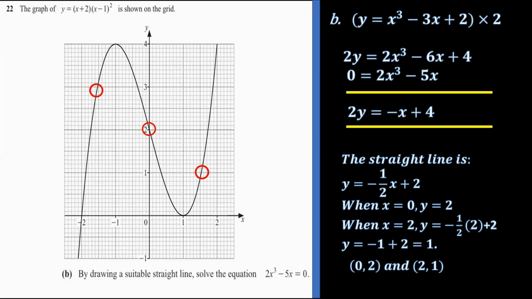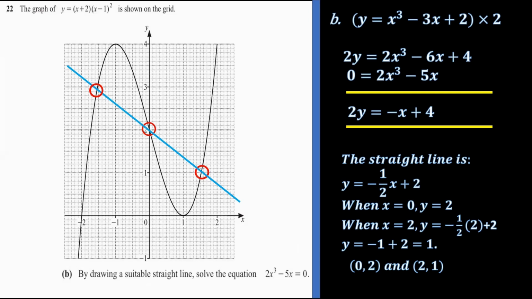I just use the first 2 points. The third point is where, when I draw the line, it will cut the curve through 3 distinct places. So I just put that circle there to complete. So I will draw the line, okay? And that's the line that we are asked to draw.